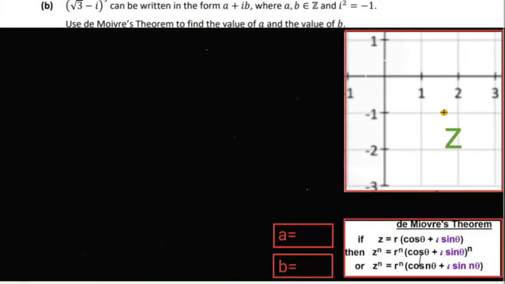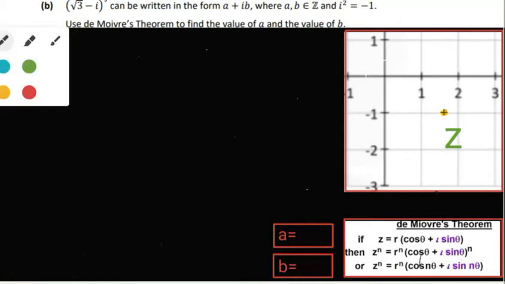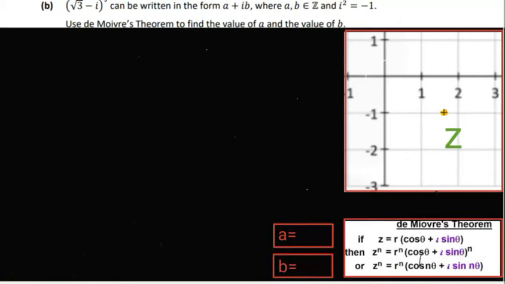Alright, so part B now is the final part of the Leaving Cert 2022 Complex Numbers question 3 paper. So let's look at the rectangular form. So rectangular form is a plus bi. And if we apply a power to that, we could use De Moivre's theorem.